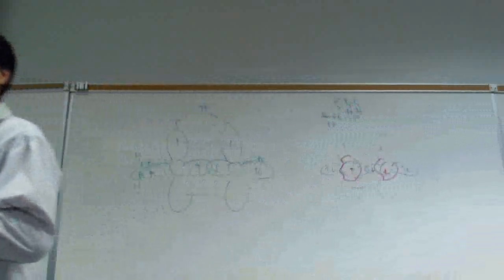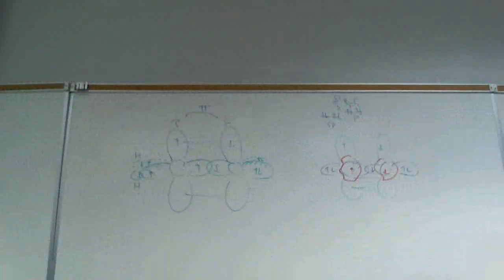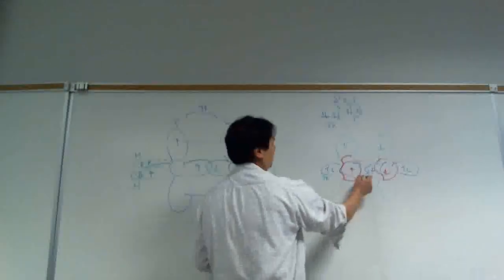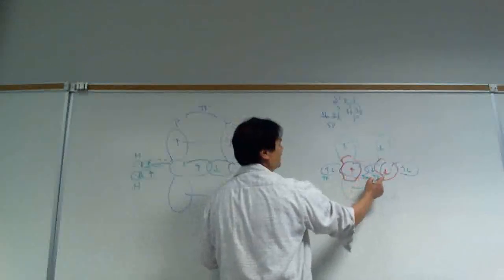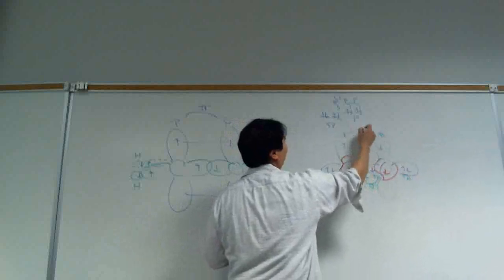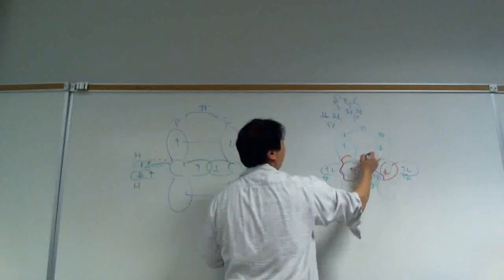So can you do that? Can you do the same thing for oxygen? Can you draw it? Can you label the orbitals? Can you label the bonds? SP sigma bond, EP pi bond, EP pi.